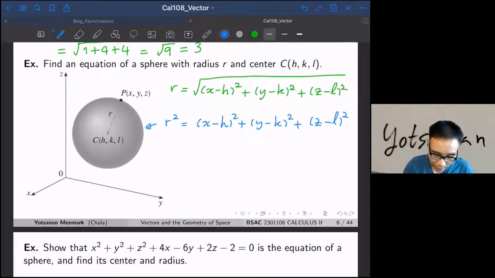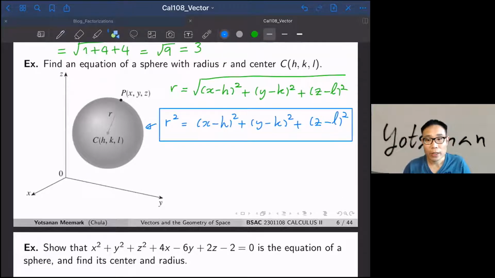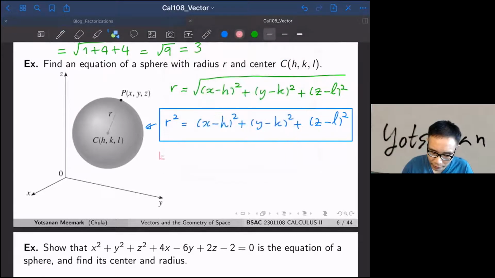Let me box this one. Okay, the next one that I'd like to give you is an example. The radius is equal to 2 and the center is at (1, negative 2, 0).